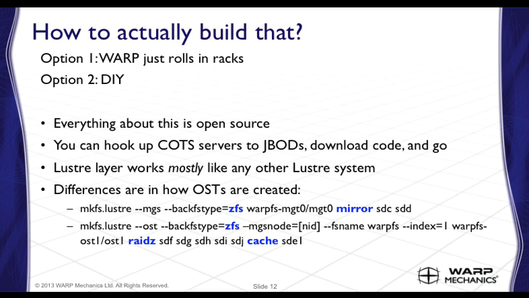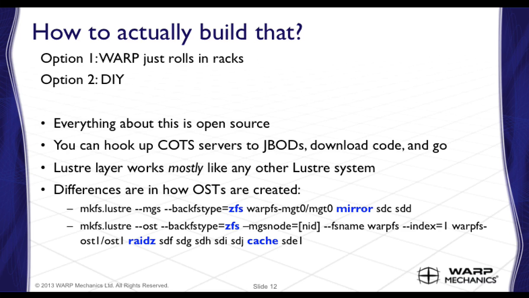So how would you actually build something like that? Well, we like the version wherein you hand us a PO and we roll it in and turn it on. Our appliance is really that simple. We even pre-build the RAID layer and the parallel file system at the factory before we deliver it. But, that said, do-it-yourself is an absolutely viable option.